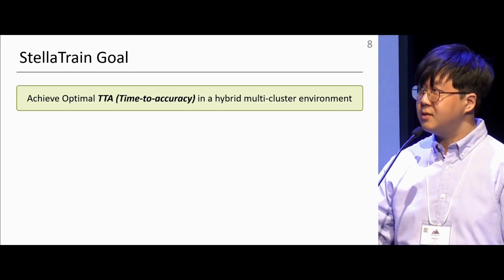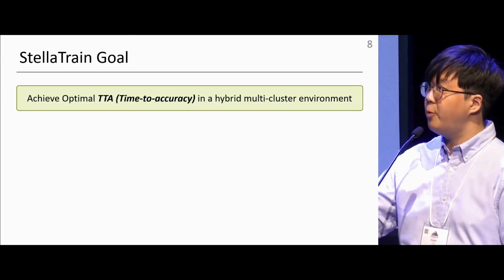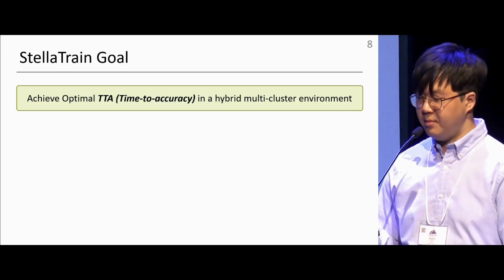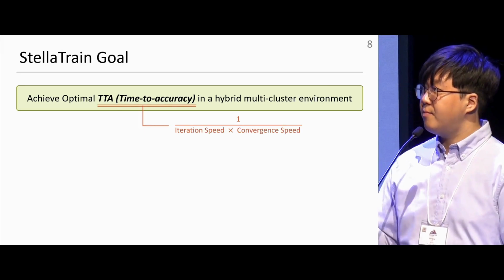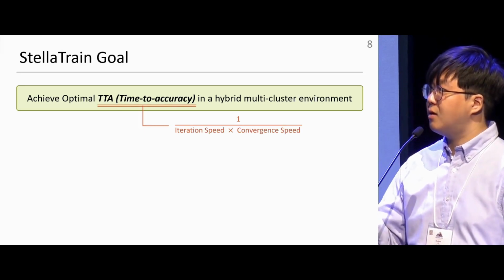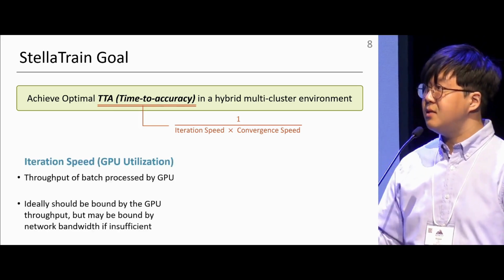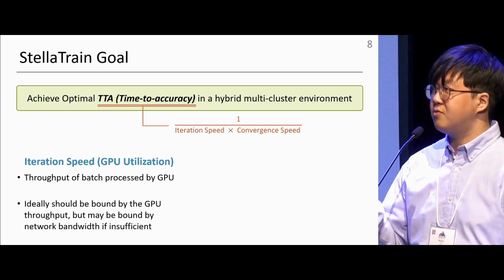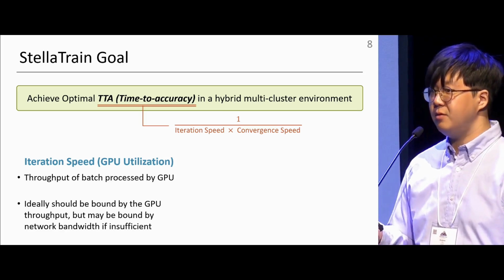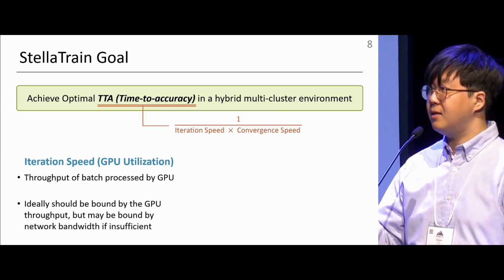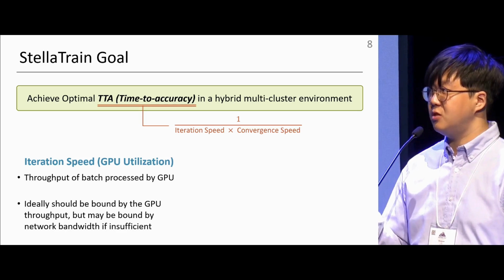So the goal of our system named SIGCOMM' is to achieve optimal time to accuracy, or TTA, in a hybrid multi-cluster environment. TTA can be further broken down as the reciprocal of the product of iteration speed and convergence speed. Iteration speed is basically the GPU utilization. It is the throughput of the batches processed by the GPU. Ideally this should be bound by the GPU throughput, but it may be bound by the network bandwidth if it is insufficient.